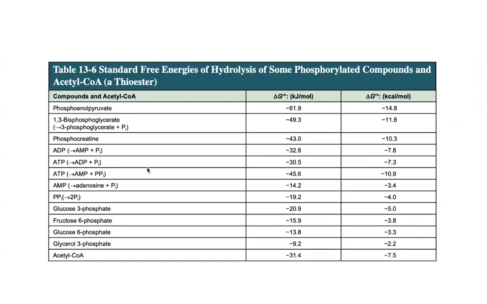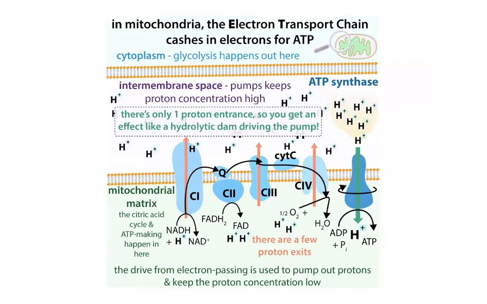But by having things like phosphoenolpyruvate with this really big negative delta G, this minus 14.8 kilocalories per mole, now we have a way where we can charge up that ADP without having to go through the whole electron transport chain.